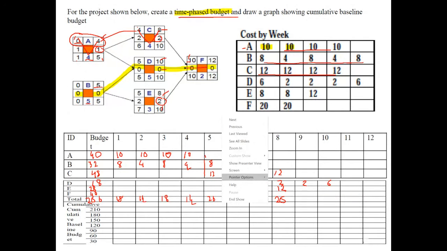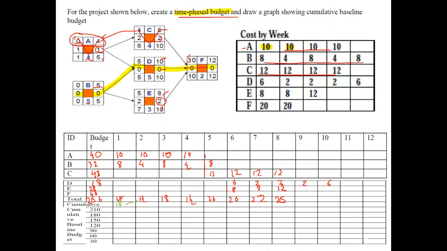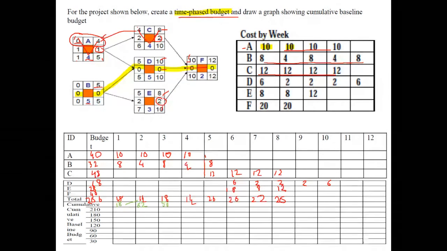cumulative value. So the cumulative spend by end of week 1 would be just 18. By end of week 2 it will be 18 add 14, which will be 32 grants. So 3 and a 2. And by end of week 3 our cumulative spend on this project would have been 50,000.